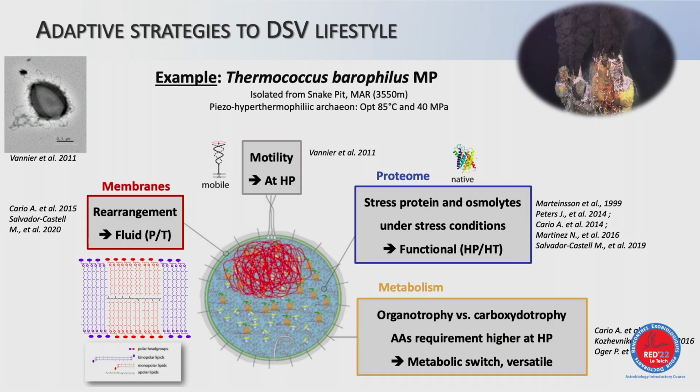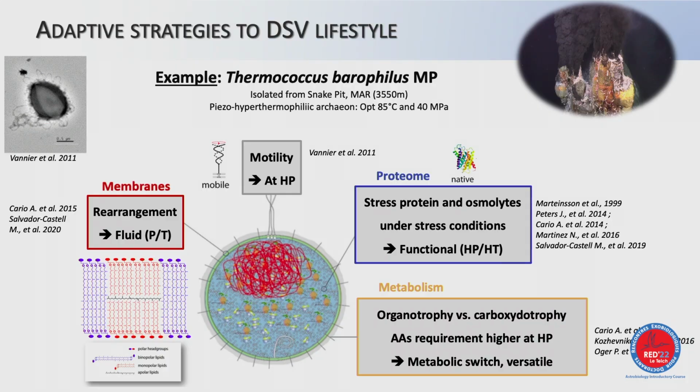So it means that all the proteome is adapted to high pressure. And concerning the metabolism, we saw that barophilus was also able to switch its metabolic activity. So it was able to eat some organic compounds, but also switch to very small compounds. And these strategies really show that this strain is able to cope with the extreme conditions found in deep sea vents.